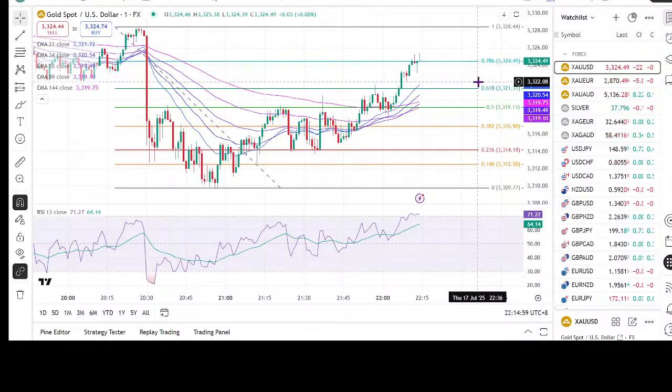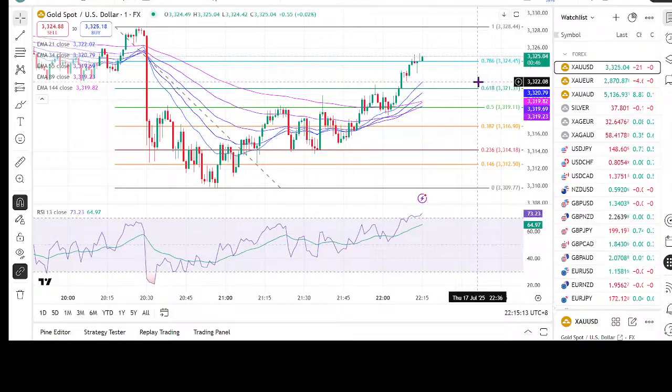Let's wait for the market to turn. Again, I repeat, if we are right, we should not see the price going above 27. We should see the market turning before that level.